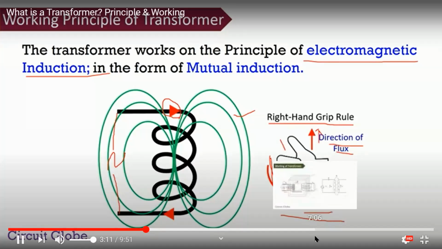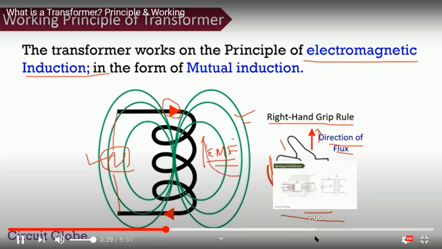Now here we can say because of the alternating current, the alternating magnetic flux is induced across the conductor. This flux induces the EMF across the coil. So here we can say this induced EMF is the effect, and it is caused by the alternating current. Now according to Lenz's law, the cause is always opposed by the effect.